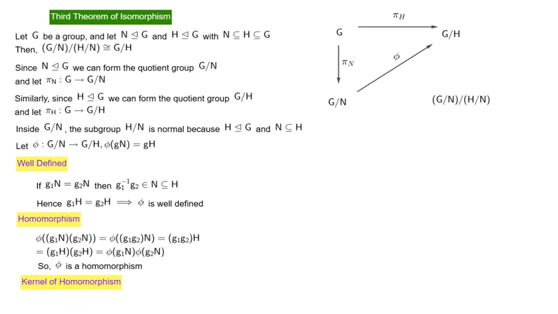Now let's look at the kernel of the homomorphism. Here the kernel of phi is equal to the set of cosets gN in the quotient group G/N where phi of gN is equal to H, which is equal to the set of cosets gN where gH is equal to H, which is equal to the set of cosets gN where g is in H, which is equal to H/N.